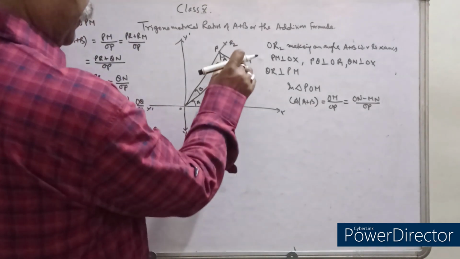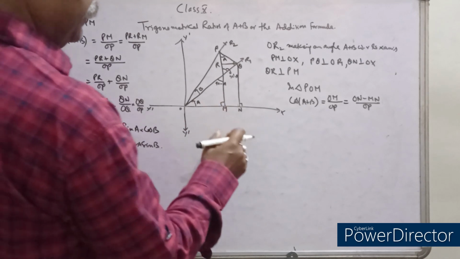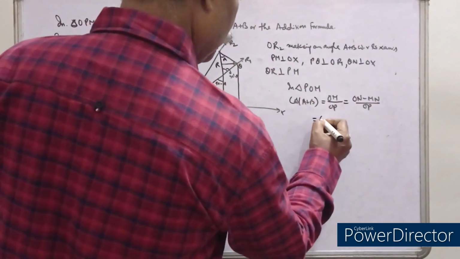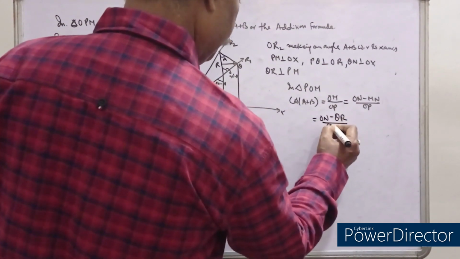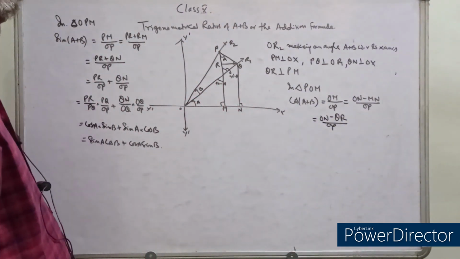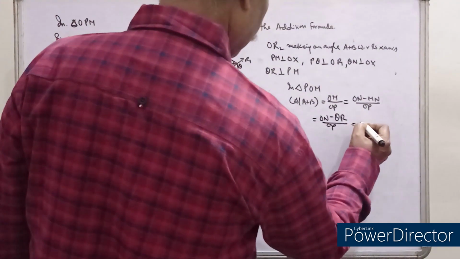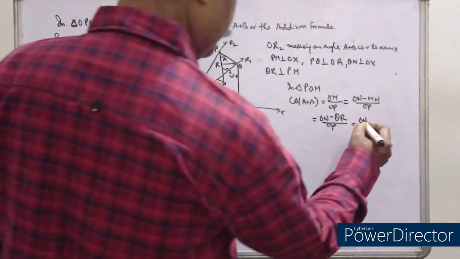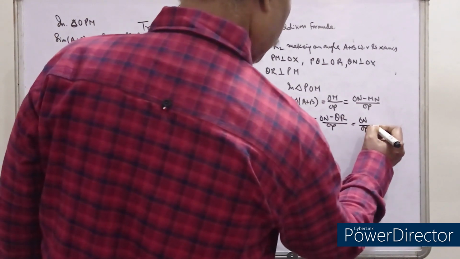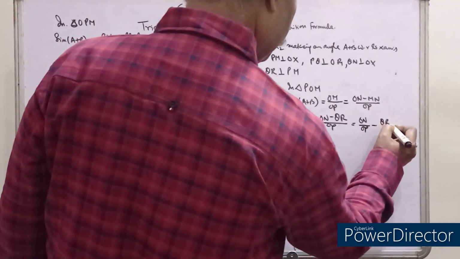Instead of MN you can write RQ, because it forms a rectangle. So this will be ON minus QR by OP, equal to ON by OP minus QR by OP.